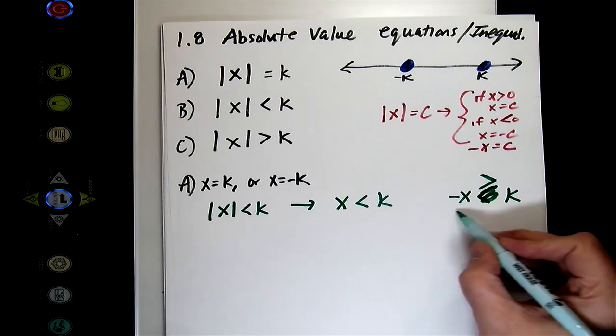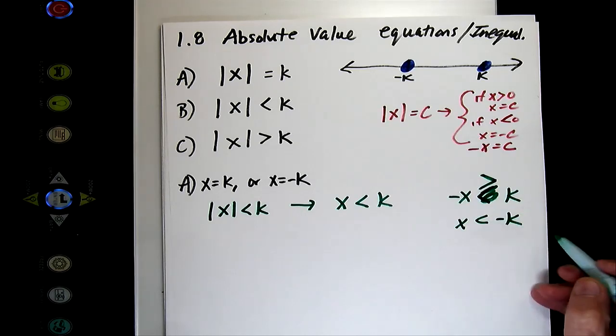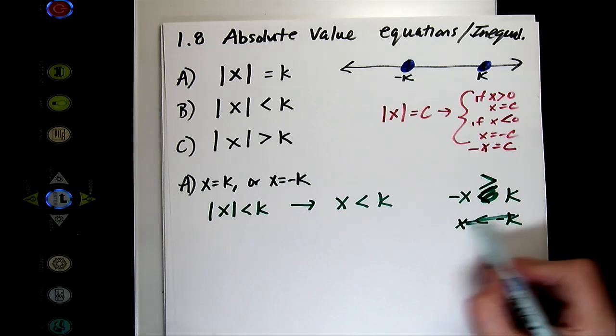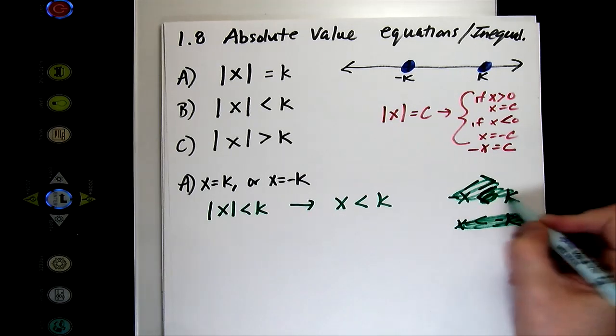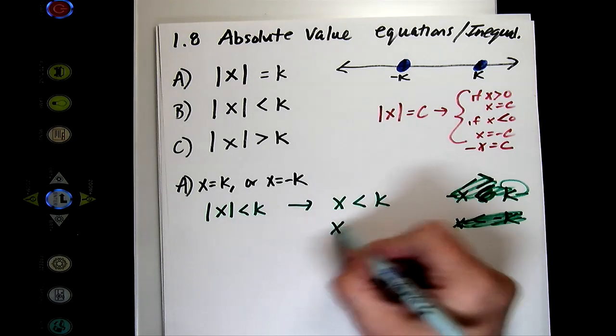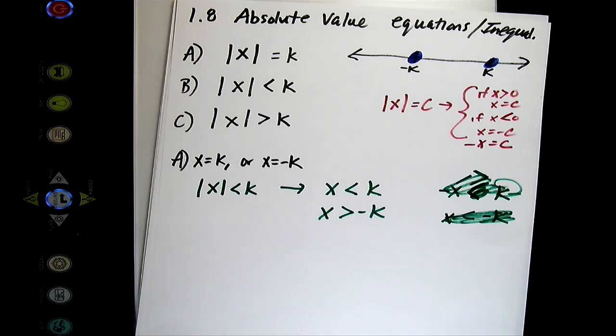What if I flip it again and I multiply by a negative? I got x is less than negative k. That looks funny. I don't want to do that. What am I doing? How am I messing this up? That's how I'm messing it up. When you plug in the negative on the right side, you flip the inequality. That's what I'm doing wrong. I know it's wrong. I'm pulling an amateur move up here.